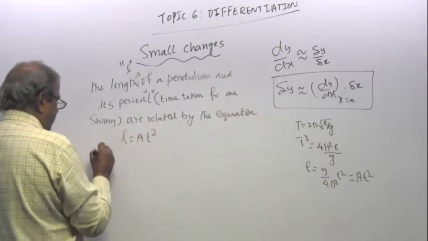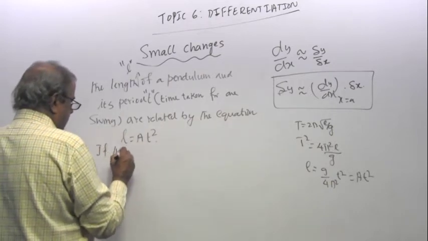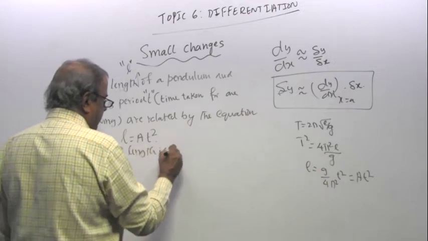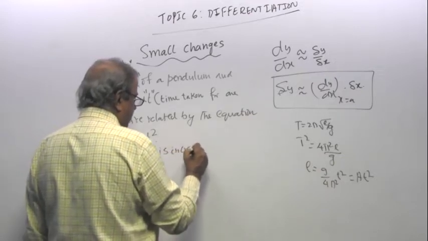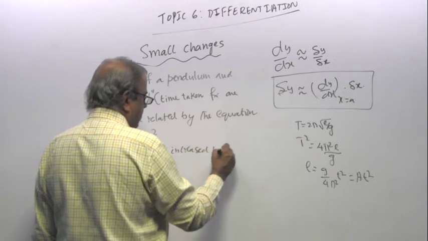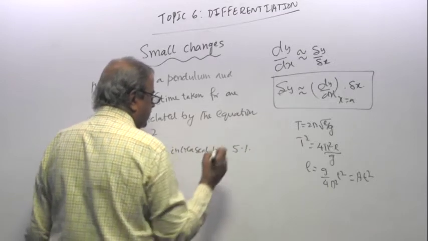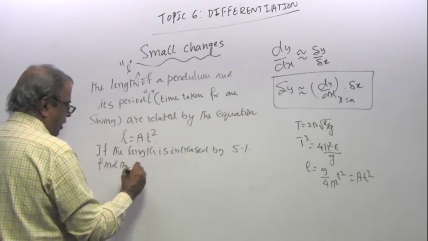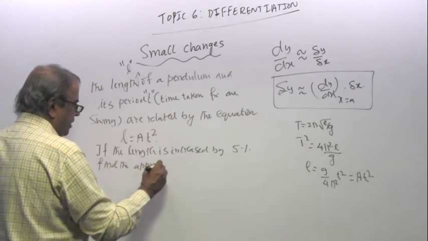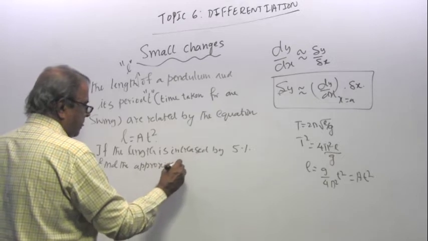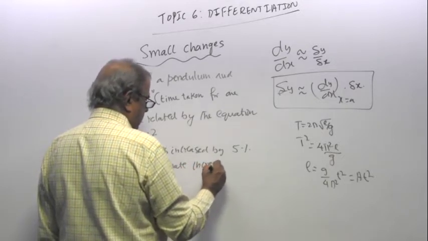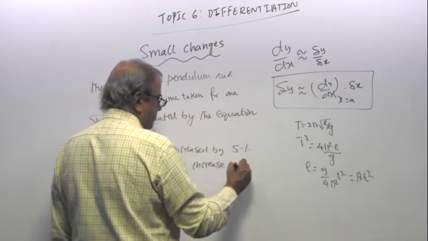if the length is increased by 5%, find the approximate increase in the period.